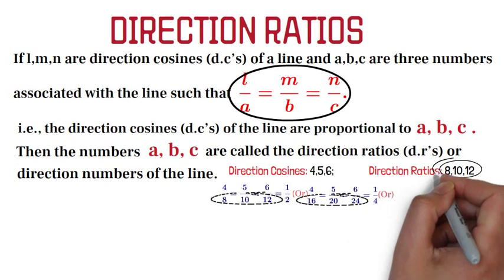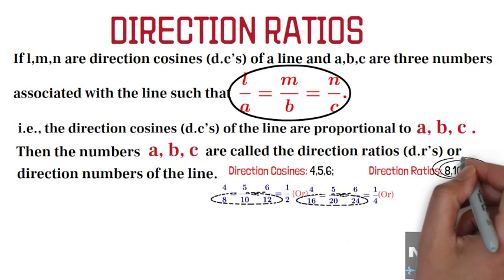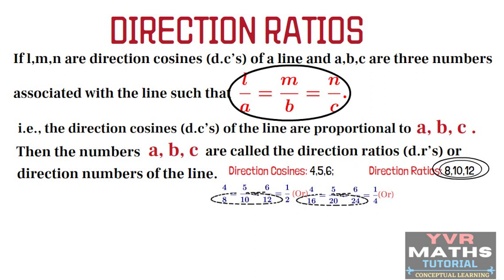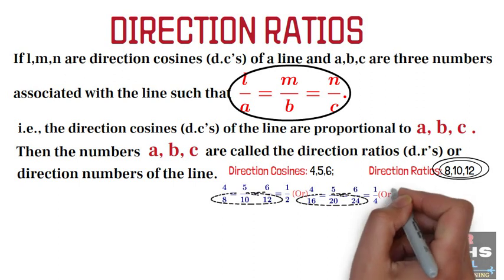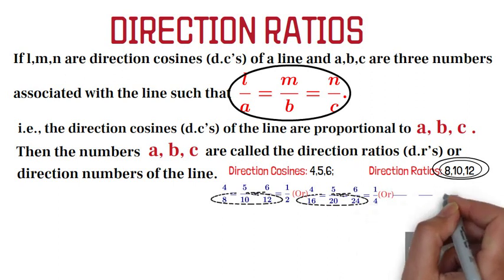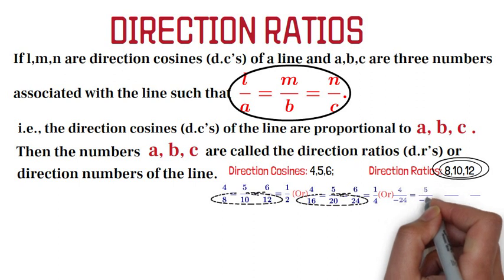And one more. If we multiply these numbers with the constant minus 3, then what are the new numbers? The new numbers are minus 24, minus 30 and minus 36.